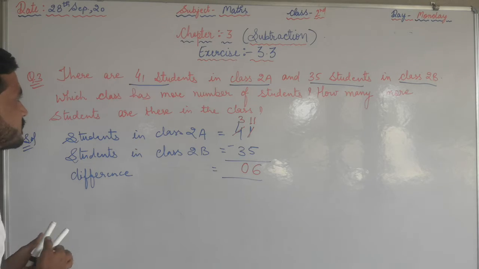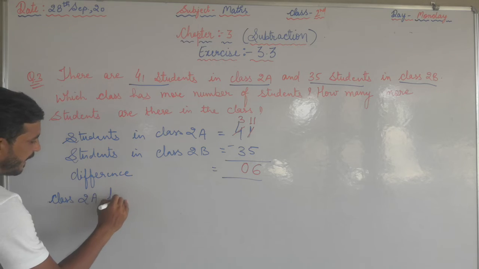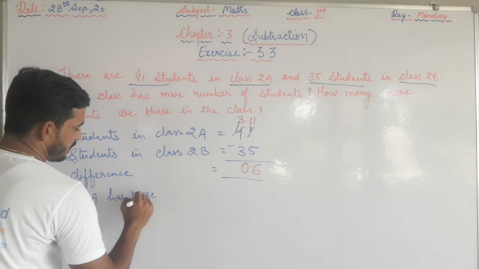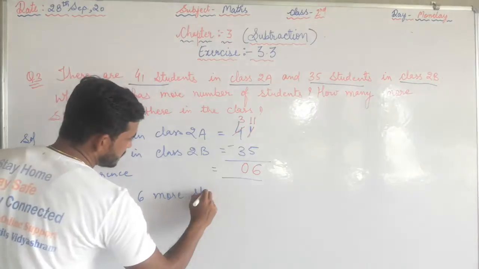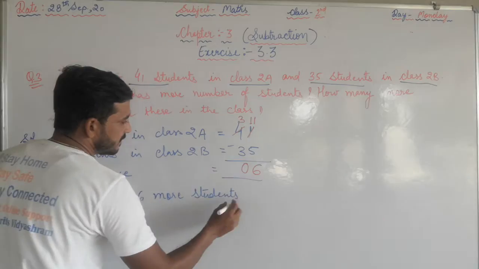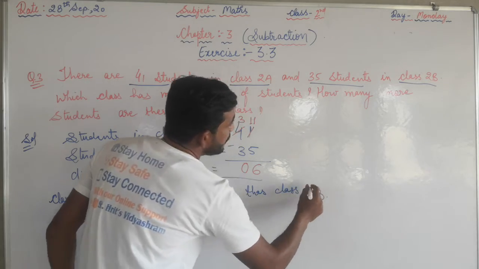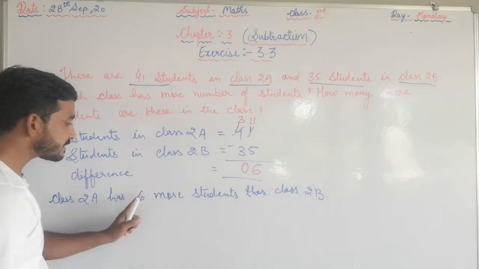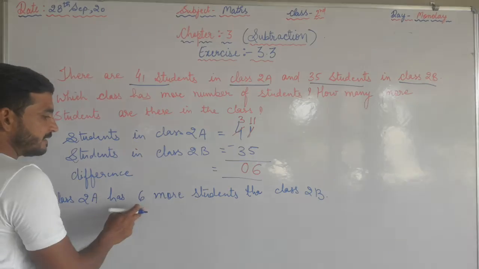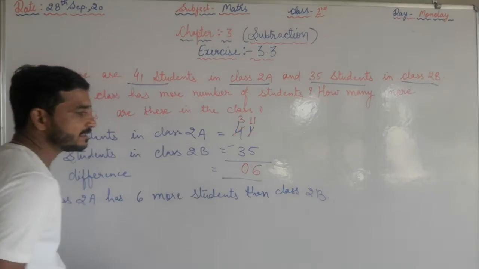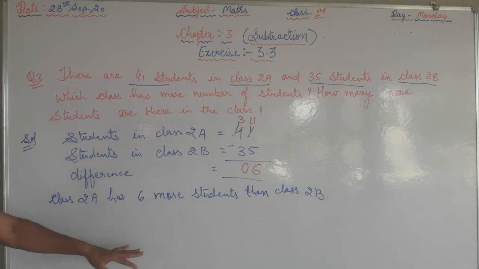So class 2nd A has 6 more students than class 2nd B. Which class has more students? 2nd A. By how much? 6.